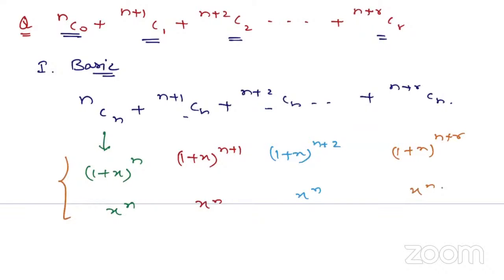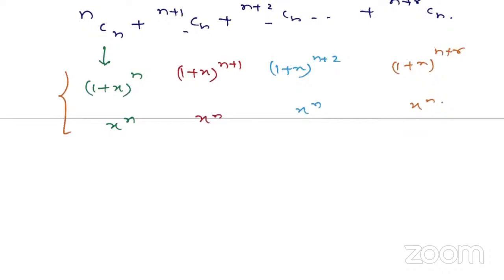So overall, this is the question. What I'm rewriting from this step is: every time we have to find the coefficient of x to the power n in the expansion of (1+x)^n, (1+x)^(n+1), and so on.